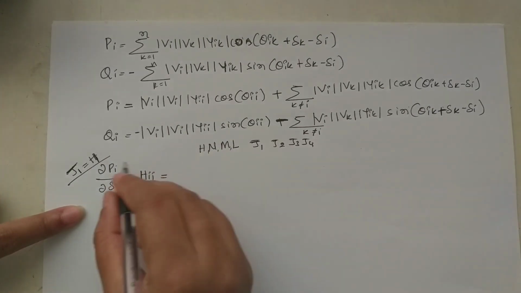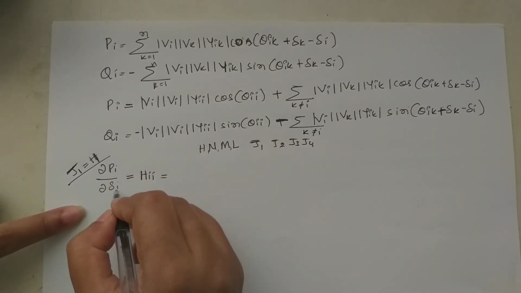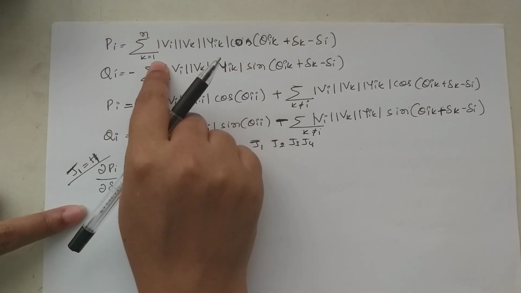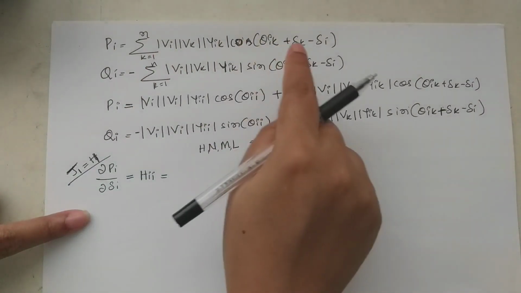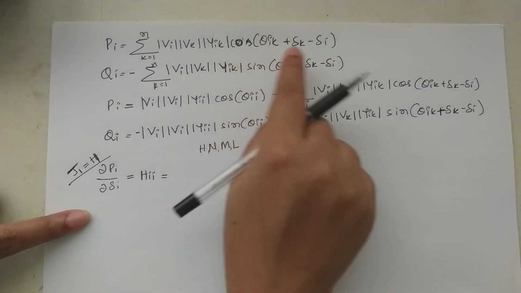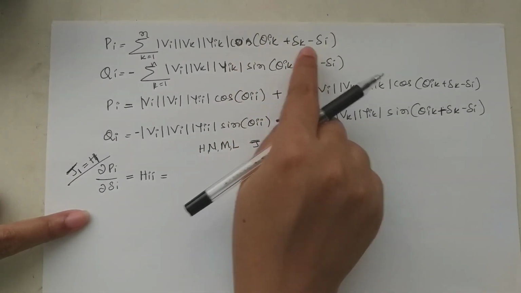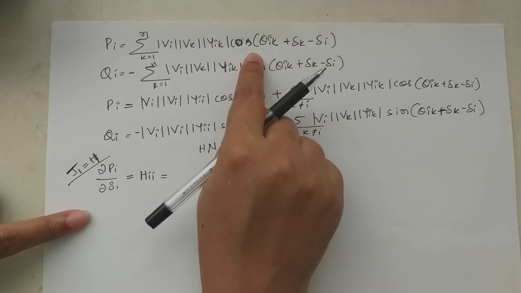Hii is the partial differentiation of Pi with respect to delta i. We take the Pi equation and partially differentiate it with respect to delta i. Delta i is inside the cos function, so the differentiation of cos gives a minus sign.